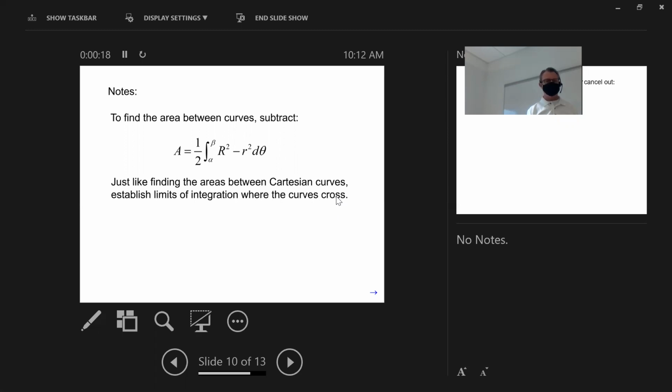Not big R take away little r, the quantity squared. Big R squared, take away little r squared, 1/2 that, from alpha to beta, d theta. Now, these questions are on the anticipated FRQ document under the polars. So they're more recent questions where they ask you for the area enclosed by 2 graphs.